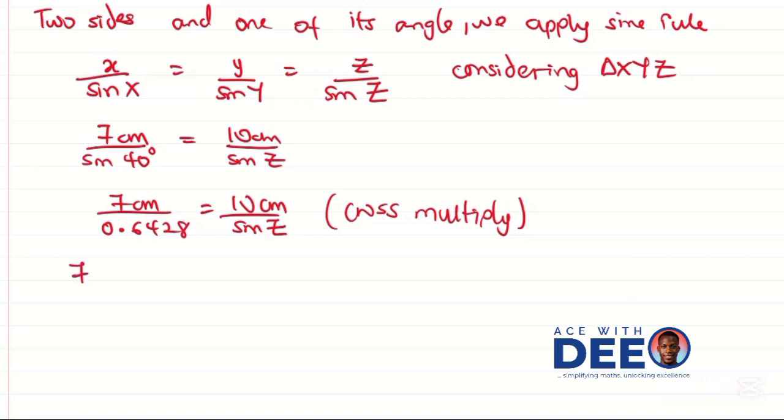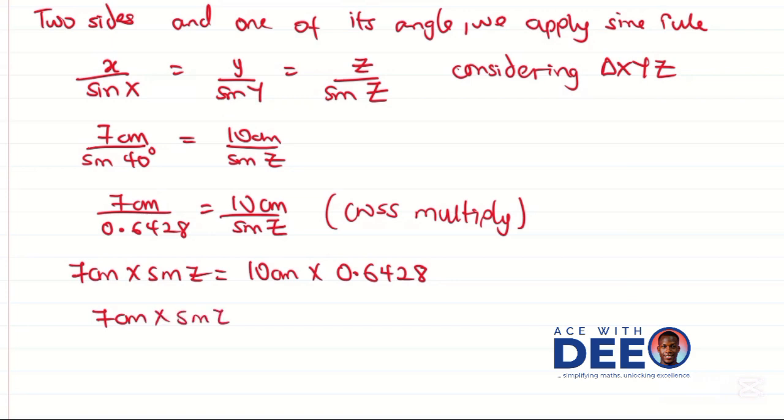I'm going to have 7 centimeters multiplied by sine Z is equal to 10 centimeters multiplied by 0.6428. It means 7 centimeters multiplied by sine Z is equal to 6.428 centimeters, because 10 times 0.6428 is 6.428.